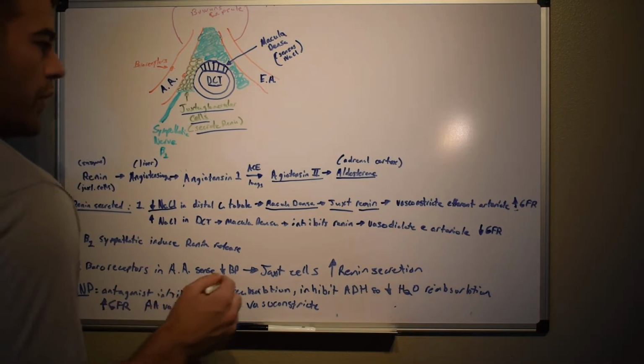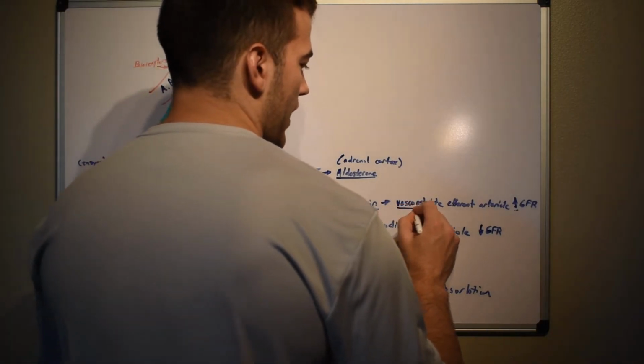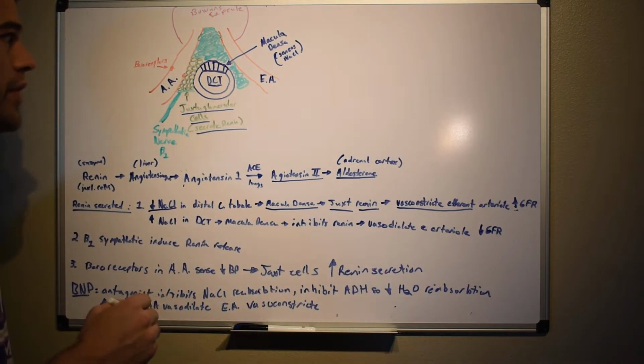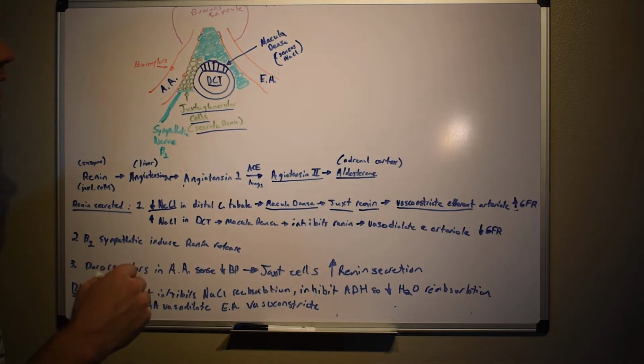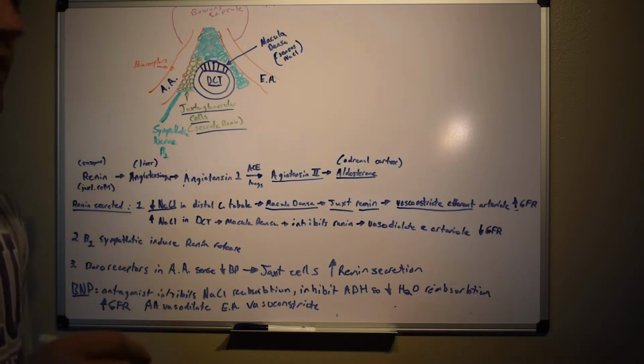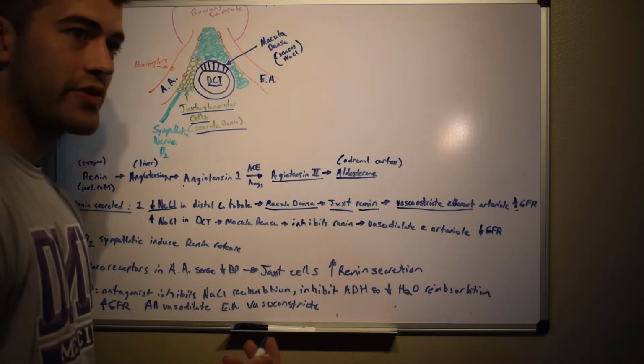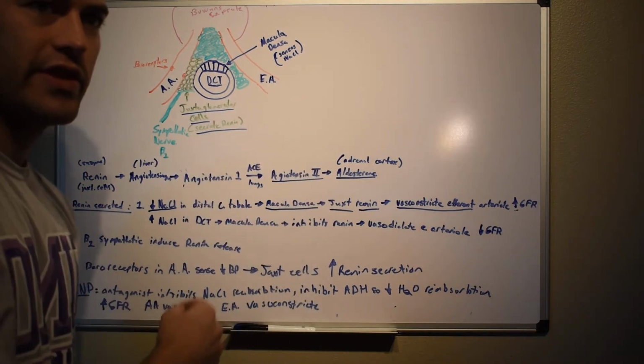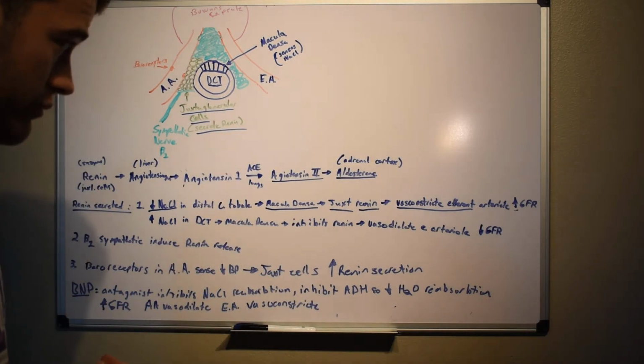So, how do we increase or decrease glomerular filtration rate? We touched on this before in our kidney lectures. We do it by either vasoconstricting or vasodilating our afferent or efferent arterioles, okay?